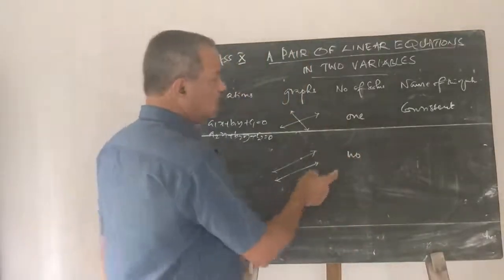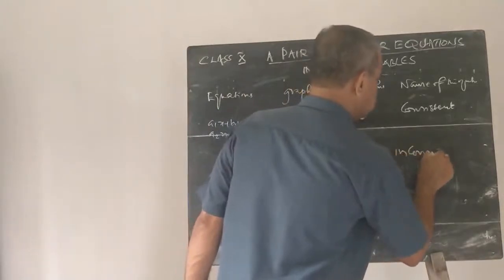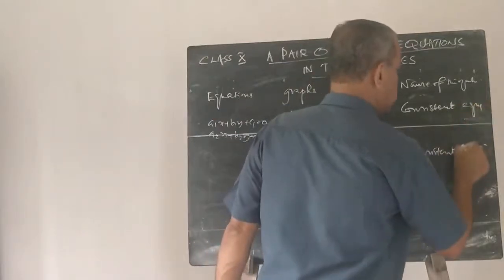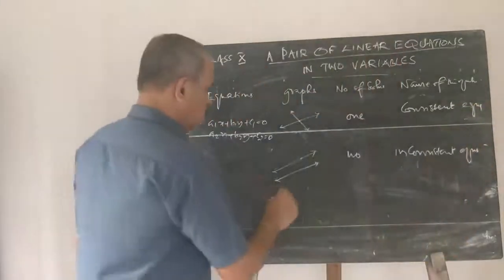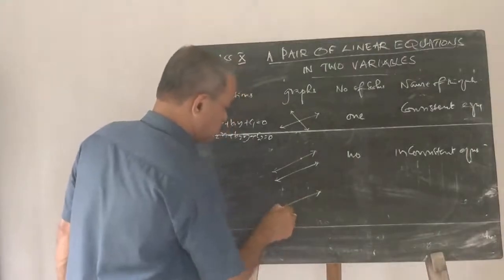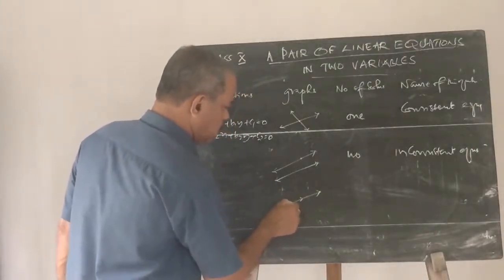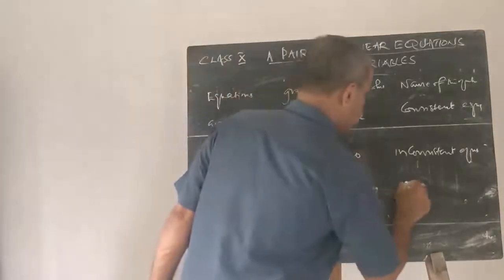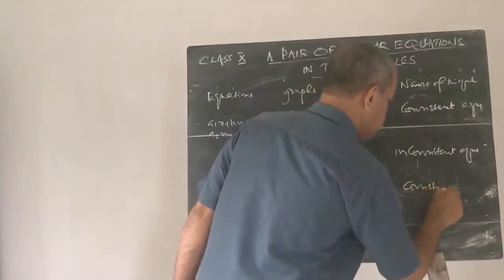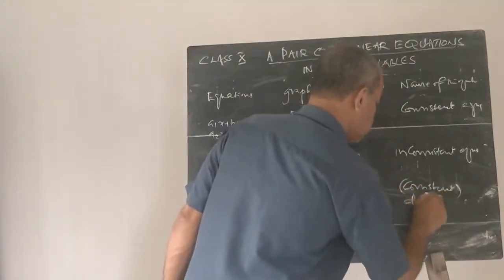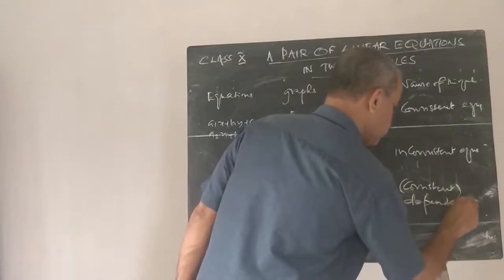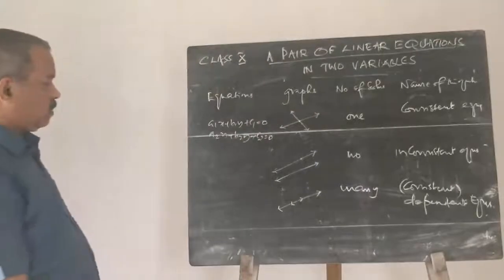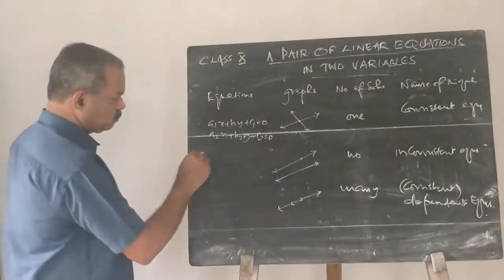Number of solutions, none. Inconsistent equations. If coinciding lines, many solutions, consistent dependent equations.